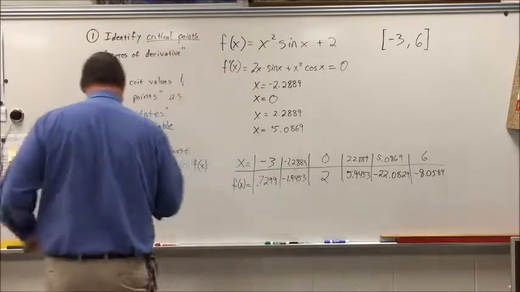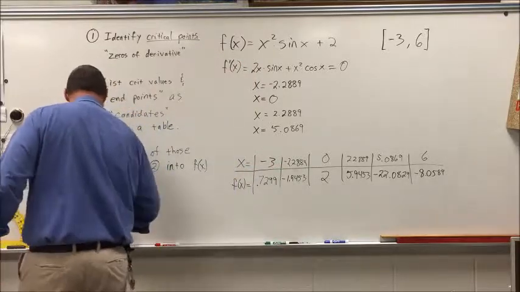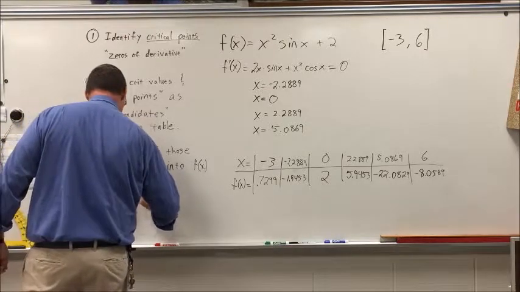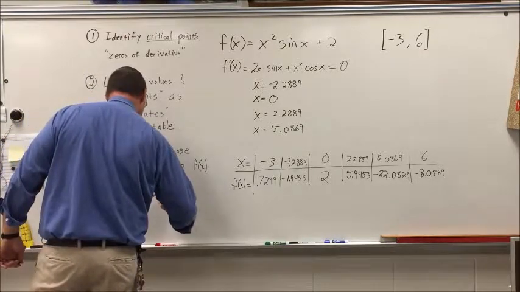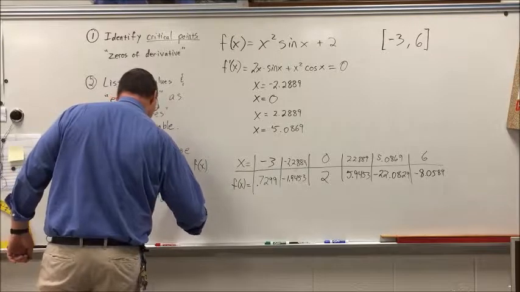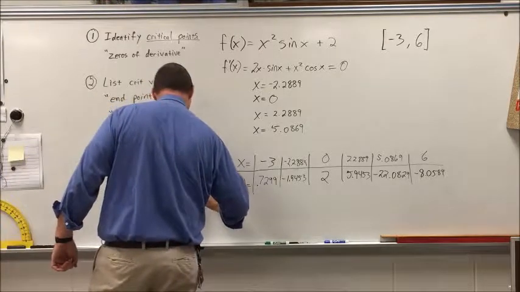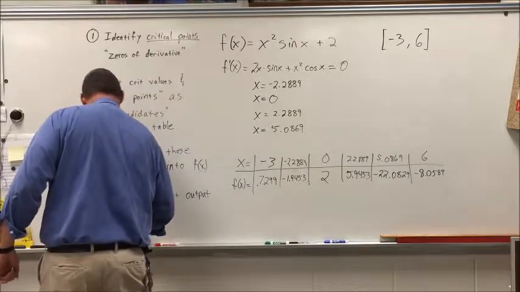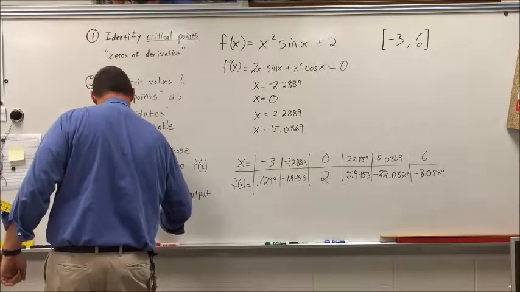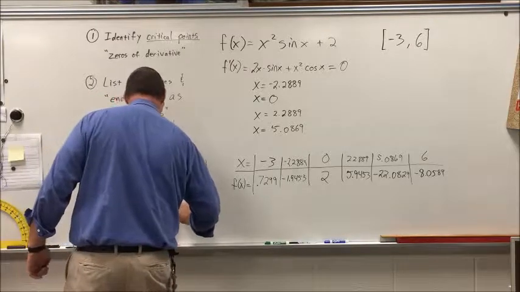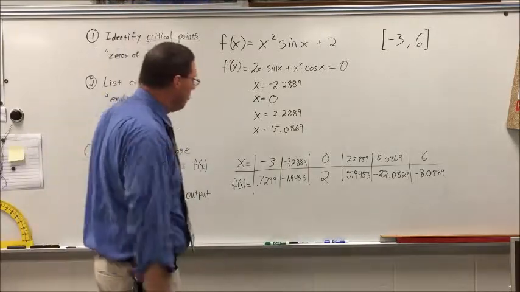And the last step, step 4, is identify the highest output value and the lowest output value. Those are the absolute maximum and the absolute minimum.